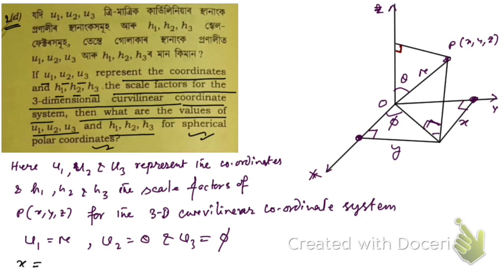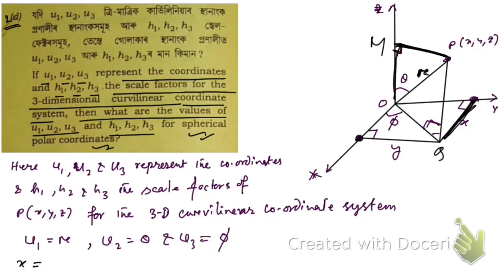Now you see this x coordinate. If this is r, consider this right angle triangle. First let me find this perpendicular. Suppose this is PQ, this is PM. First let me find PM.